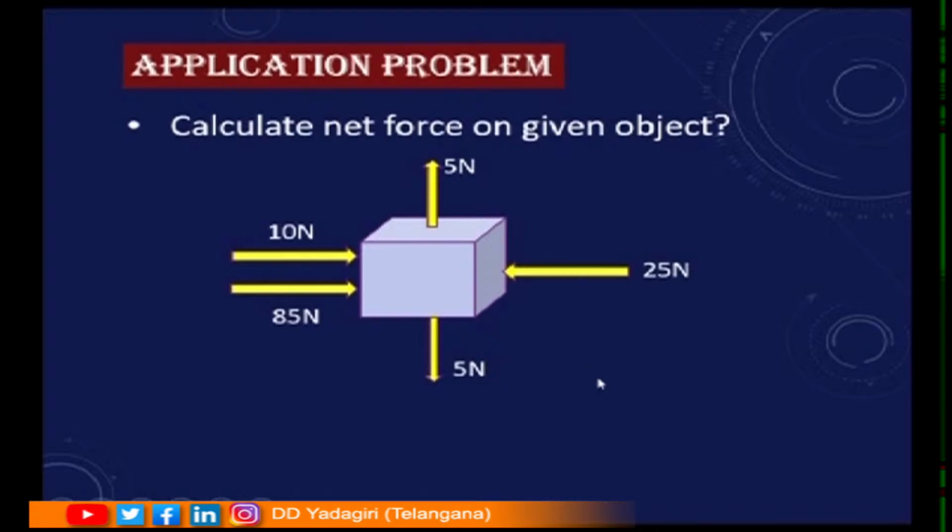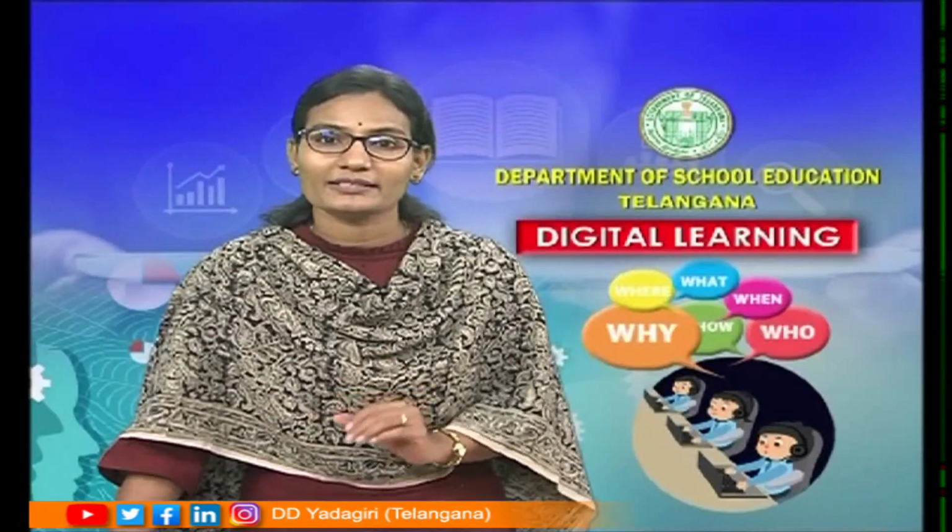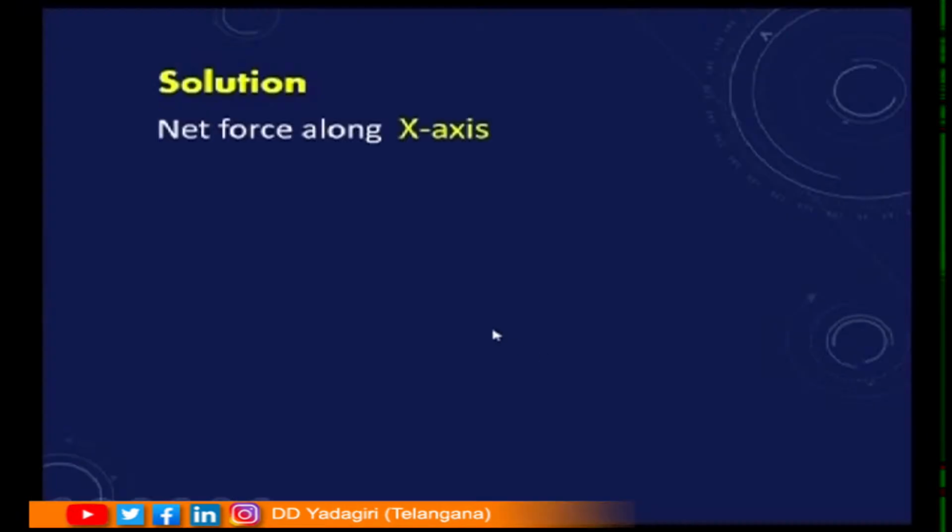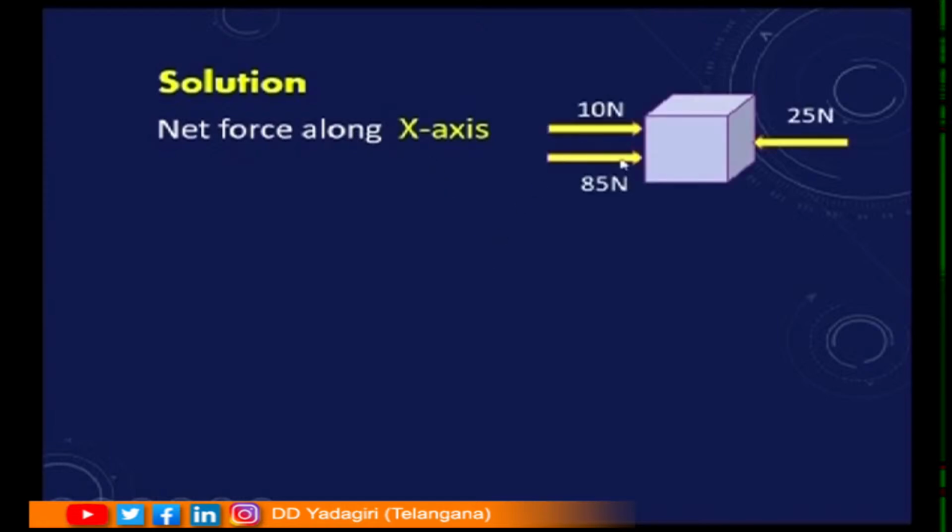First of all, we have to calculate along the x-axis. Solution: net force along the x-axis. I am taking only the forces which are acting along the x-axis, that is 25 newtons, 10 and 85 newtons. The 25 newtons, see the arrow showing this direction, is in the negative x-axis direction.